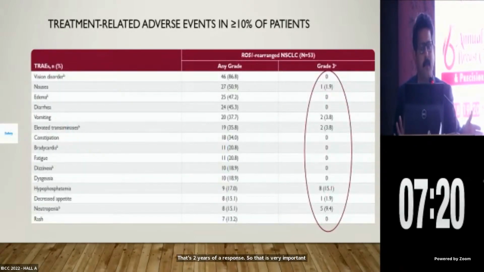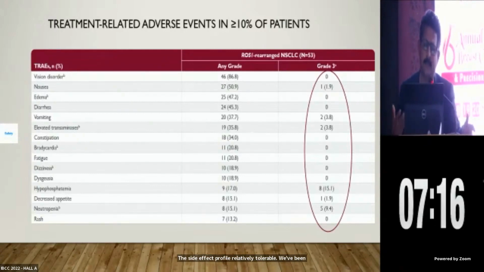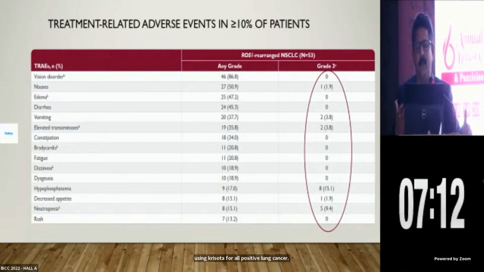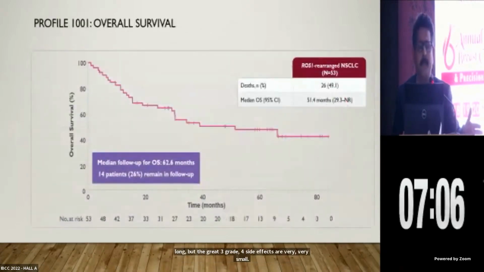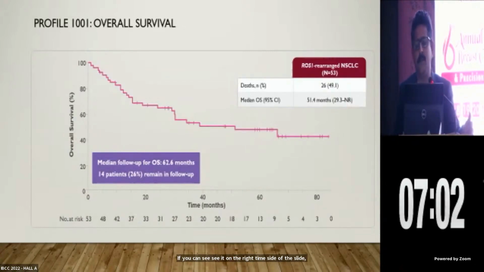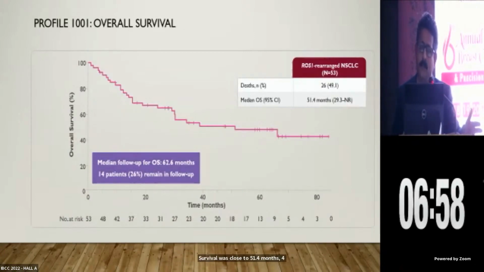The side effect profile is relatively tolerable. We've been using crizotinib for ALK positive lung cancer, so we know about the drug. The list is rather long, but the grade 3, grade 4 side effects are very, very small, as you can see on the right-hand side of the slide. And overall survival was close to 51.4 months, a little over 4 years.